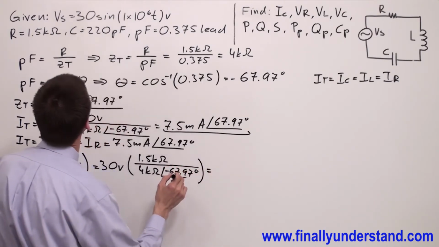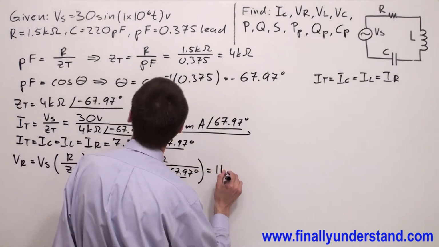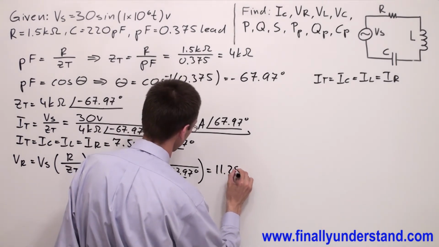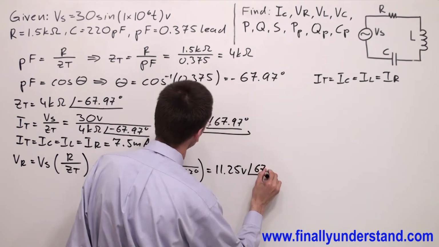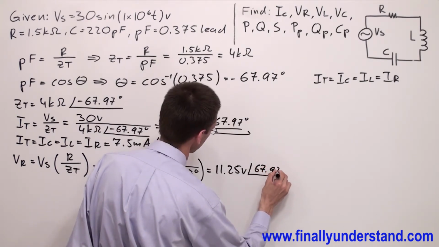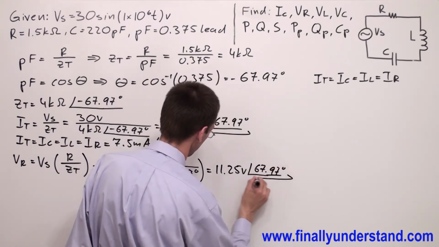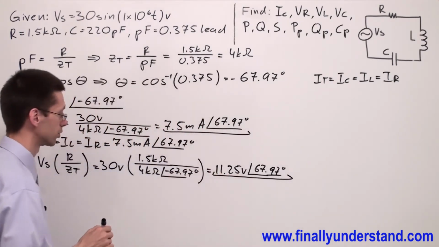This is equal to 11.25 volts and angle of 67.97 degrees. Okay, so this is the voltage across the resistor.